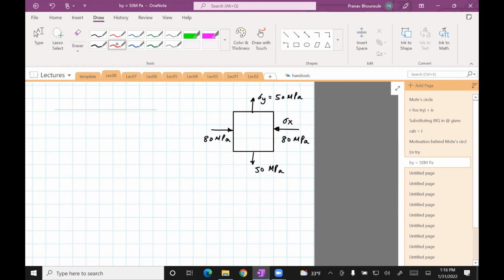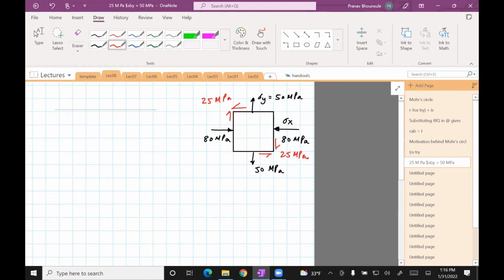And then there's a shear stress, which I'll show with a slightly different type of arrow. And this shear stress is 25 MPa, and this one is also 25 MPa. So by the law of complementary stresses, that stress has to be 25 on the top left, the same value in the bottom right. Can't have a different value.